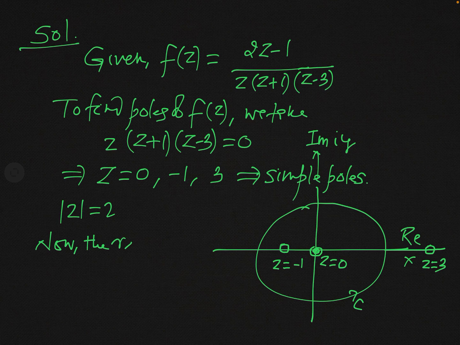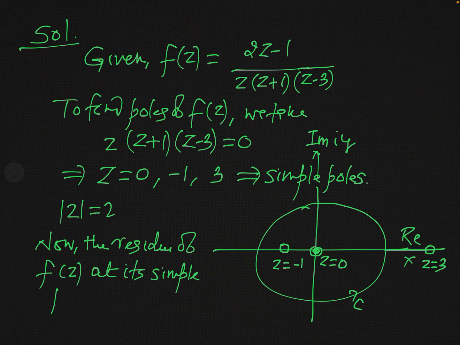So now we can write the residue of f of z at its simple pole z equal to 0. We will use the formula in case of simple pole.